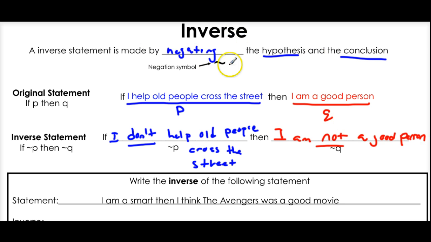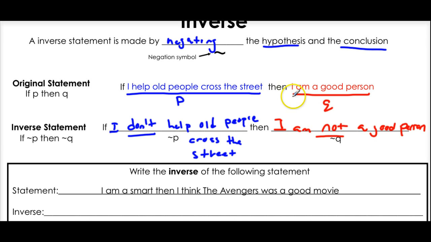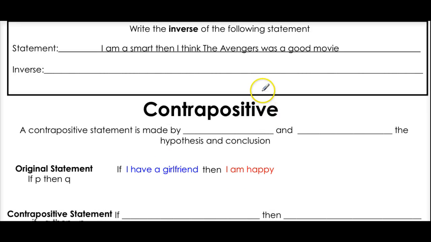So to be clear, the inverse is just the negation of the P and the Q. Look at this. If I help old people cross the street, then I'm a good person. That's our original. Our inverse is the negation of P and Q. So if I don't help old people cross the street, then I'm not a good person. See how they both make sense? They say the same thing. It's just the inverse.